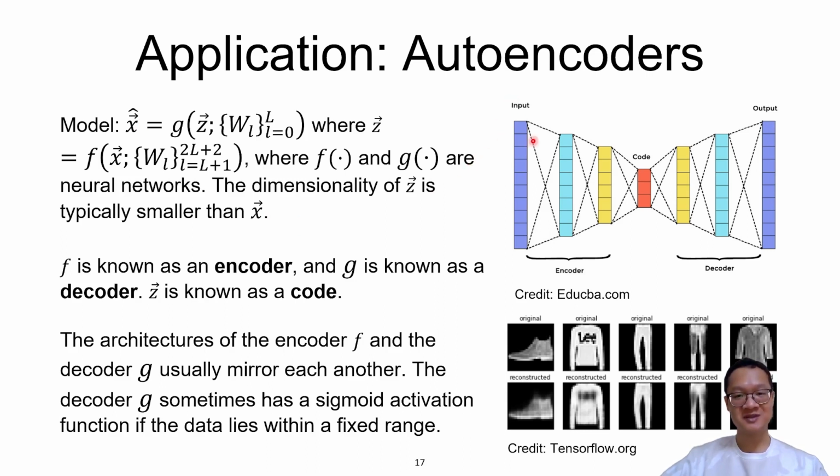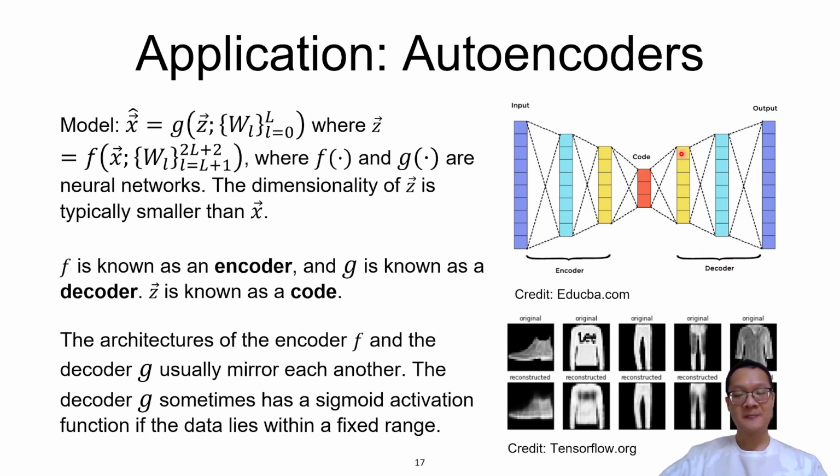So basically the input goes in, becomes the code through the encoder, and the code gets decoded back into hopefully something very similar to the original input x. We call the output x hat. Usually the architectures of the encoder f and the decoder g mirror each other. In the diagram, as we go through the layers from the input, we have fewer and fewer hidden units until we get to the code.